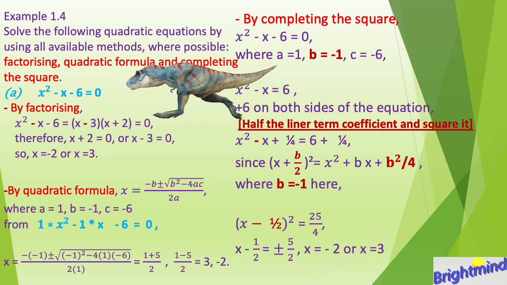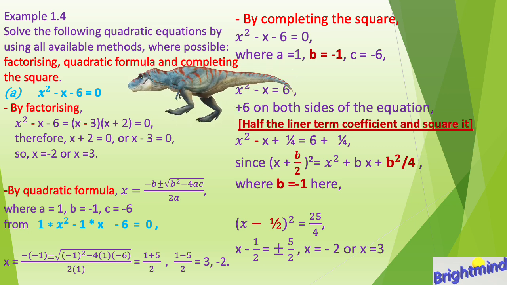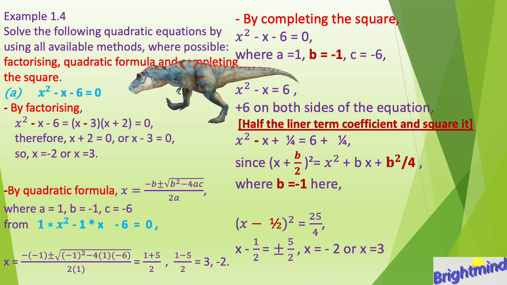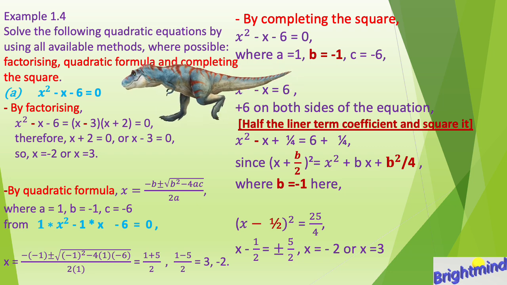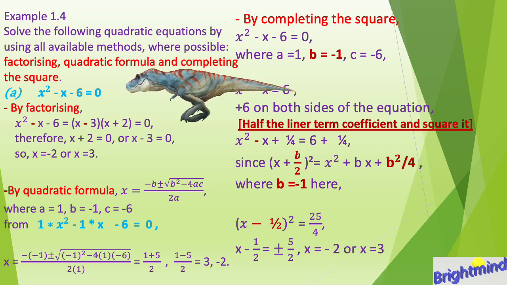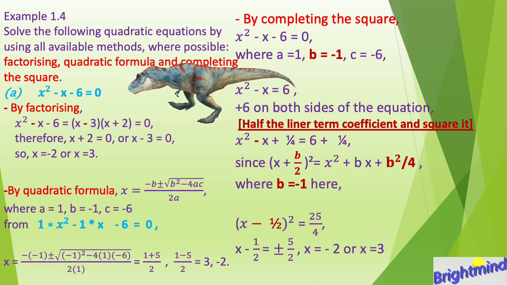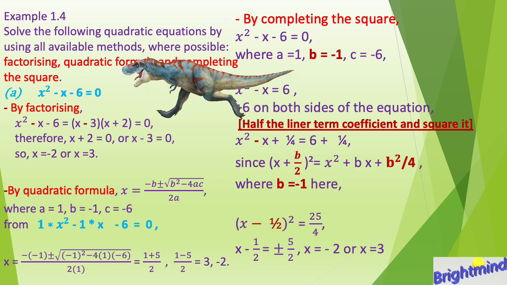The second method is by quadratic formula. x equals negative b plus minus square root of b squared minus 4ac, over 2a. In the question, a equals positive 1, b equals negative 1, c equals negative 6.